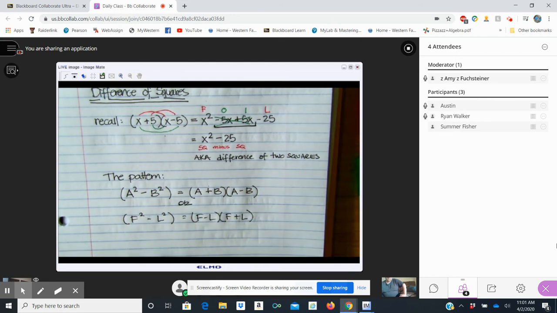Some people like to use the F's and the L's from the FOIL. It just helps them to sort of visualize it as they go. And if that's your preference, that is absolutely fine.